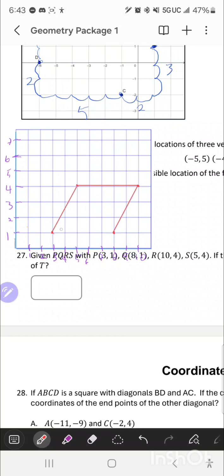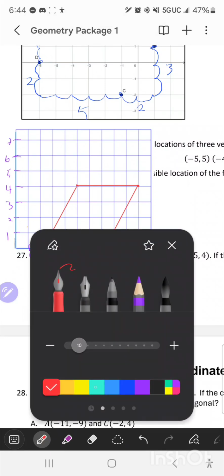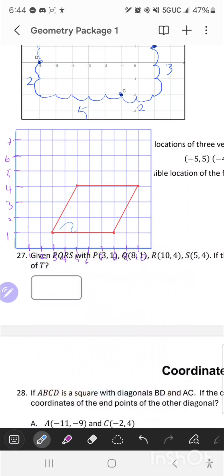So here we go. And we want to know the coordinates of the diagonals. What I'm going to do is just draw the diagonals and we'll get the answer. So I have the diagonal here and I have the other diagonal here.